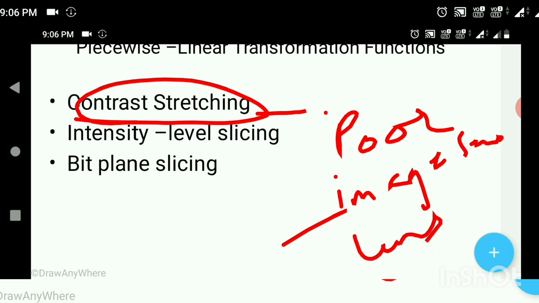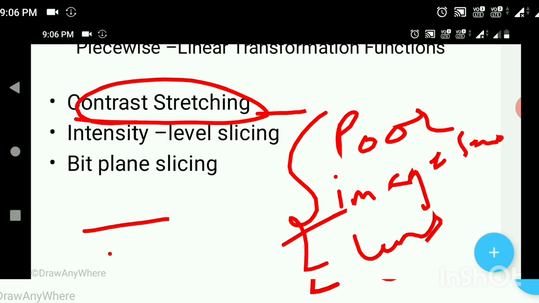Because of this there can be very low intensity values. Contrast stretching is a process that expands the range of intensity levels.